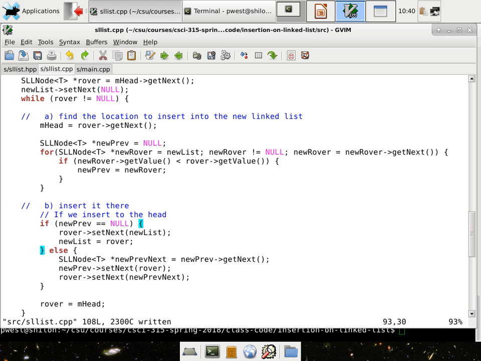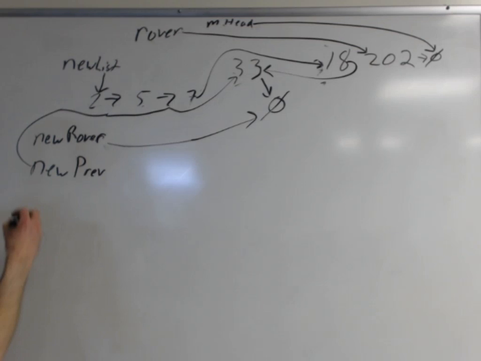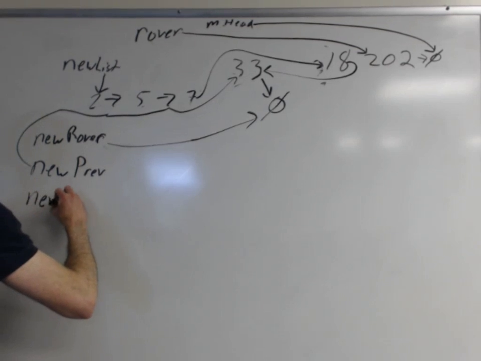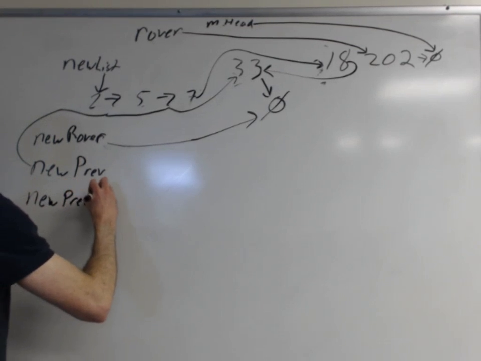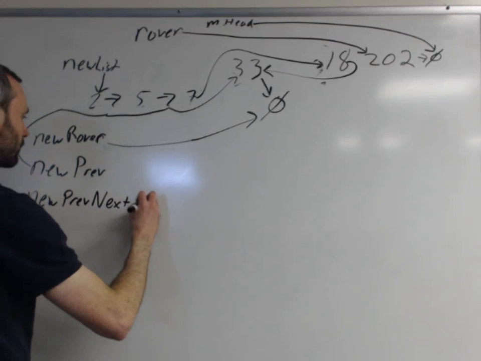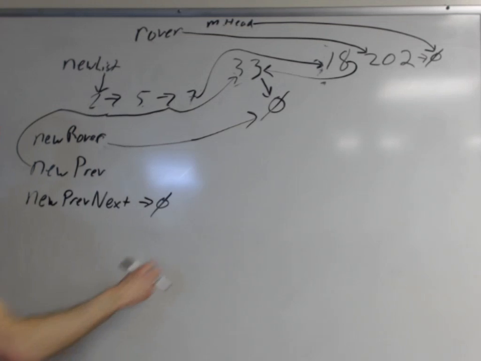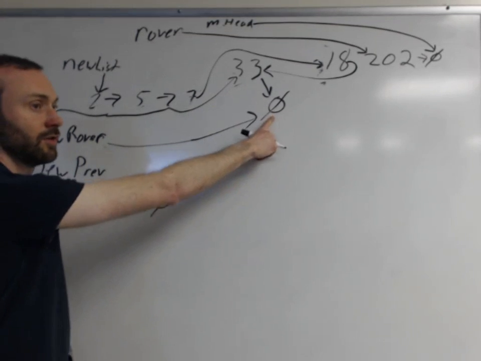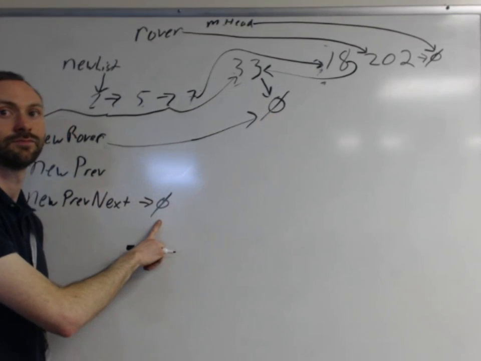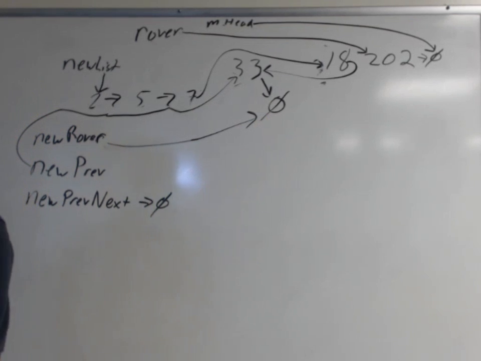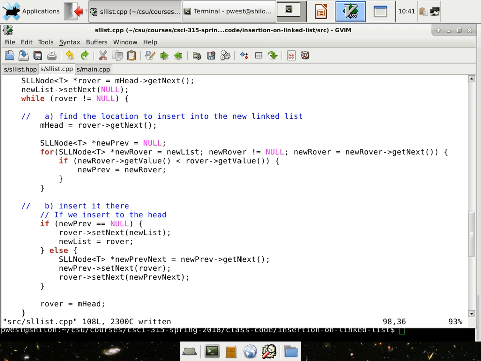New prev is equal to null? Nope. So we're going to have new prev next equal to new prev dash next. Because new prev's next is null, so it's going to be null. All right. What's the next thing we do?